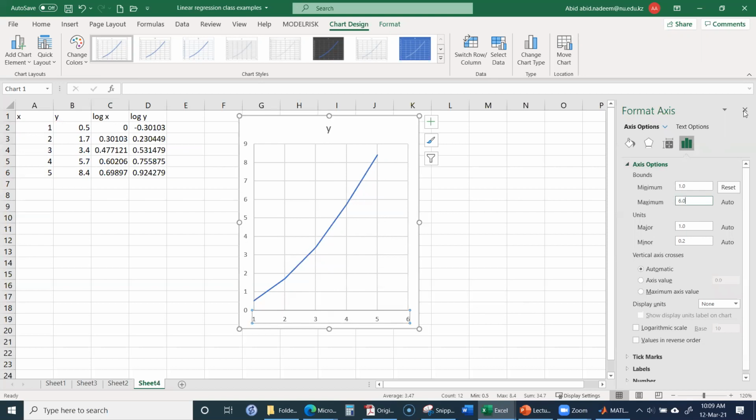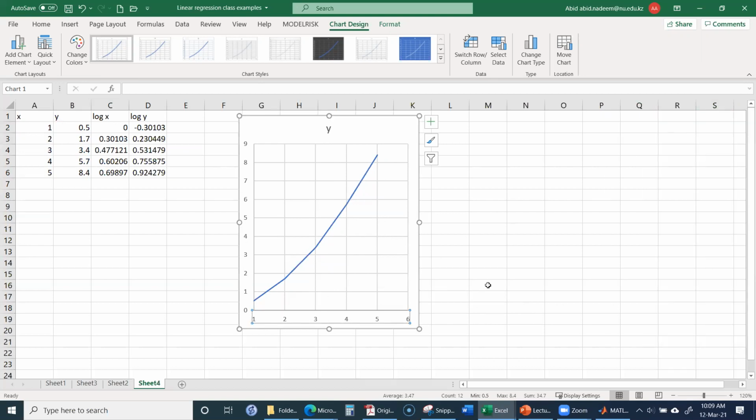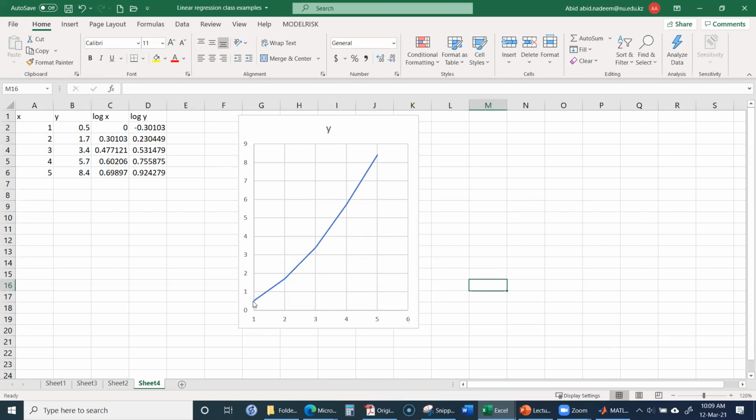Yeah. So you can see now that this is like a non-linear curve. So at 1 it was 0.1 0.5. So here you can see that this is a non-linear curve.